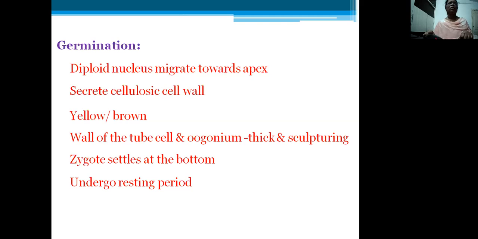This rhizoidal cell, which is colorless, grows into multicellular branched rhizoids with oblique septa. The protonema, which has chloroplasts, undergoes division to form the primary thread-like protonema structures.